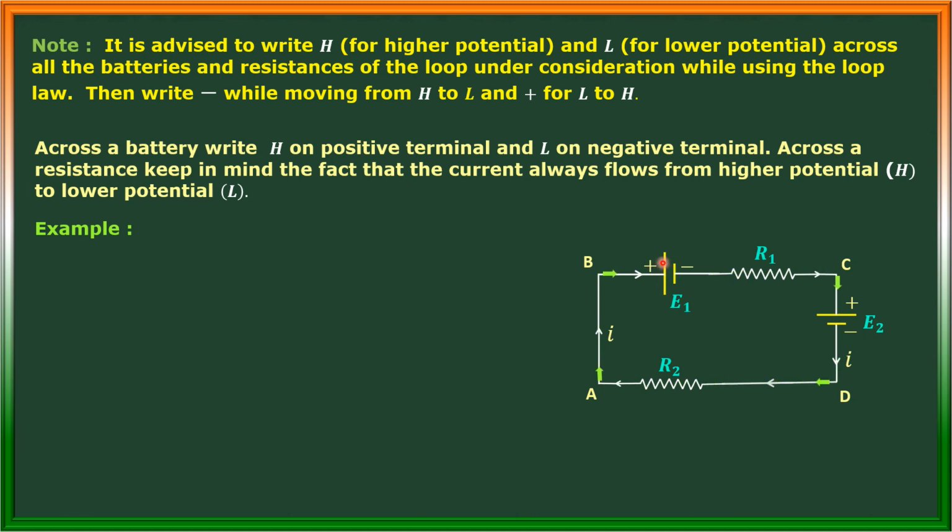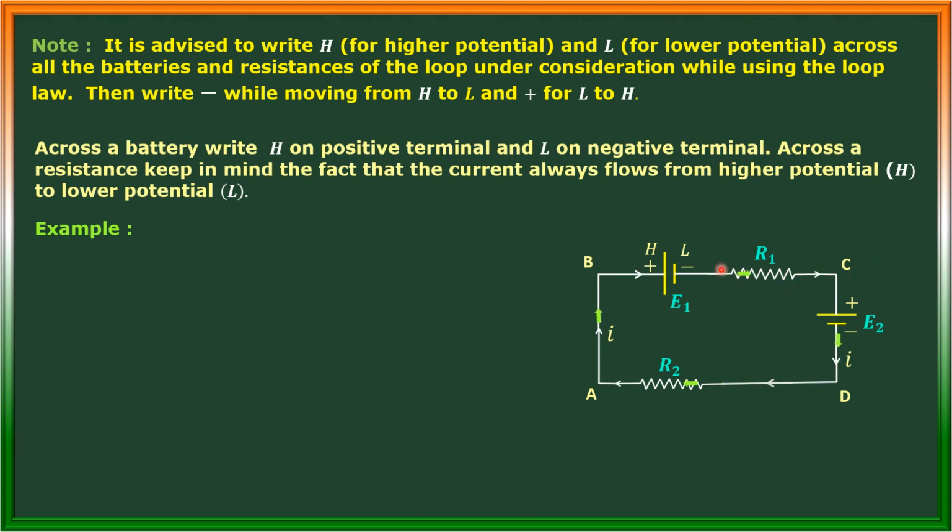Here plus means this positive terminal is at higher potential, so write H, and this negative terminal is at lower potential, write L. And here current is flowing from B to C towards right.